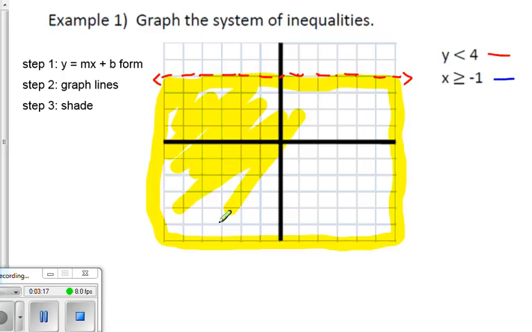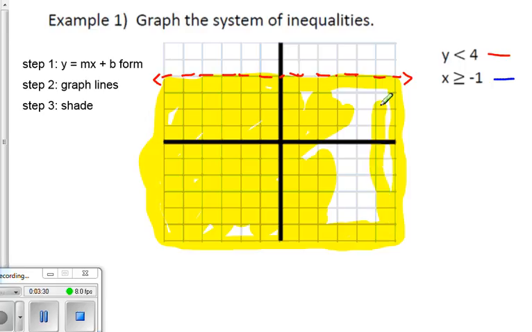As I highlight, it might not touch everything, but I think we'll get the general idea. If I pick a point down here, it doesn't matter what our x value is, the y value is going to be smaller than 4. So that's our inequality y is less than 4.